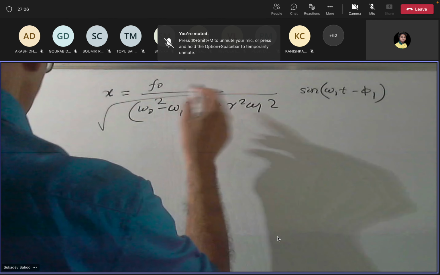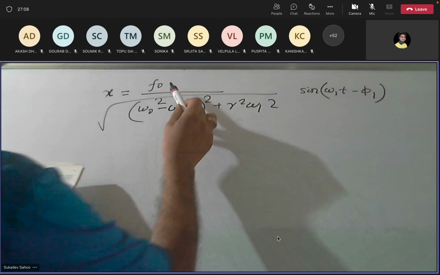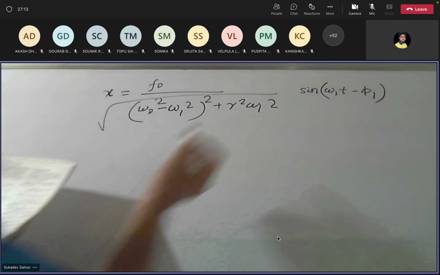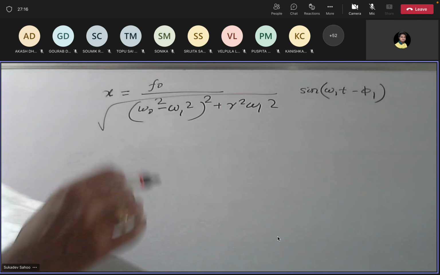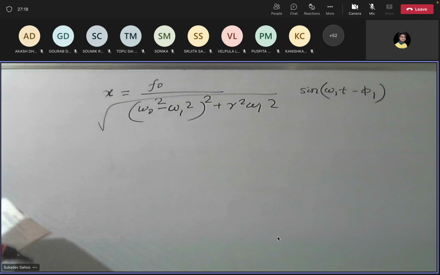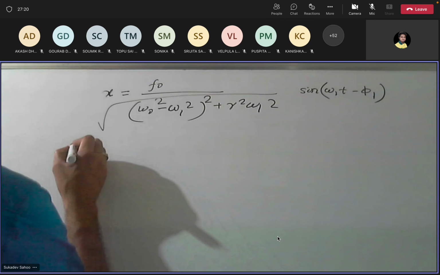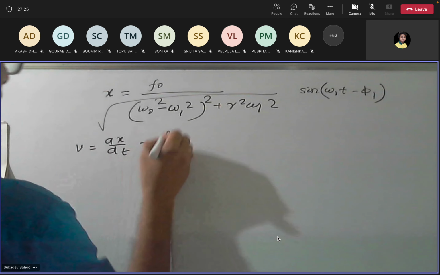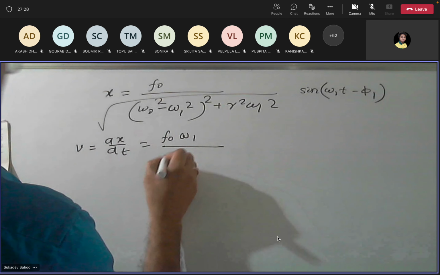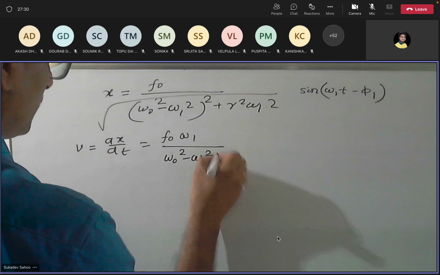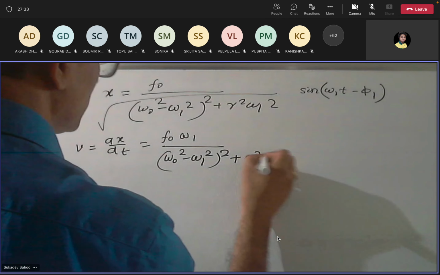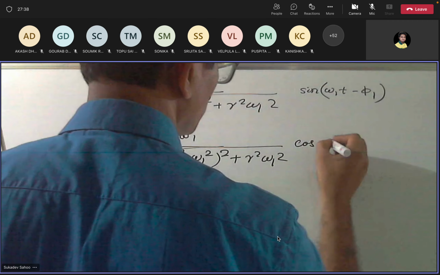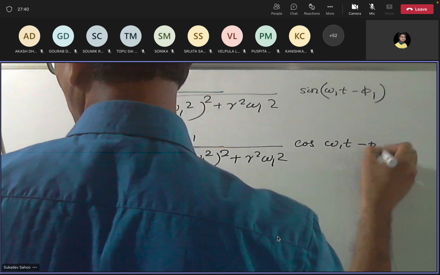And we know F0 equals capital F0 by m, omega 0 square equals k by m, gamma equals p by m, and phi equals tan inverse of gamma omega 1 by omega 0 square minus omega 1 square. Now velocity we can write as dx by dt. So that will be F0 omega 1 divided by the square root of (omega 0 square minus omega 1 square) whole square plus gamma square omega 1 square, into cos (omega 1 t minus phi).